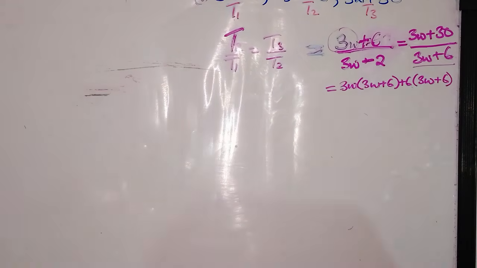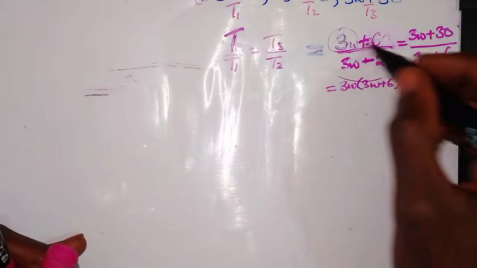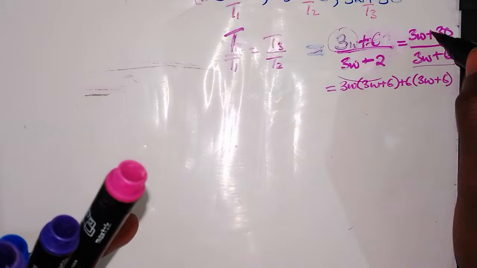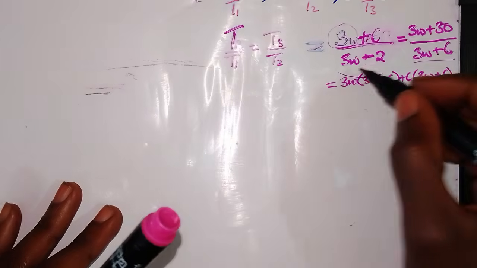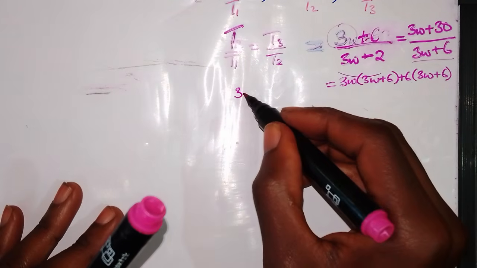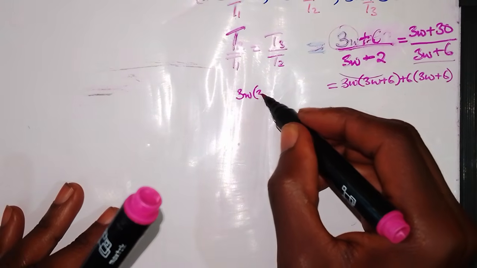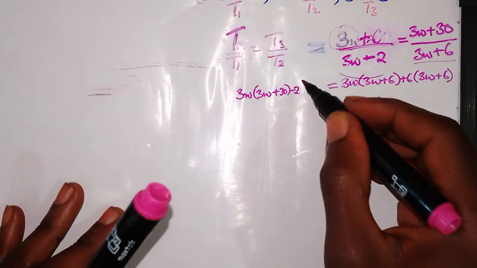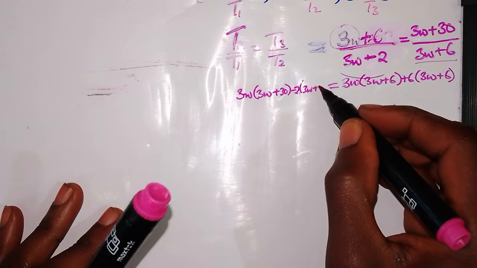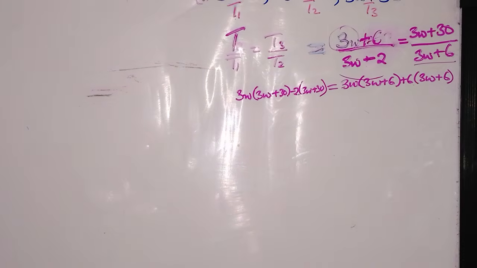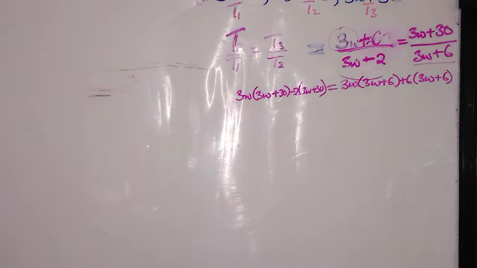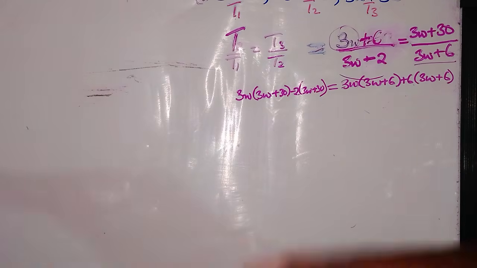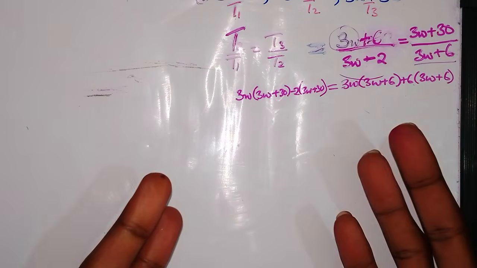Then whatever is here should multiply with everything here: 3W plus 30 minus 2 times 3W plus 30. So once you do like this, you are one step closer to finding your value of W.